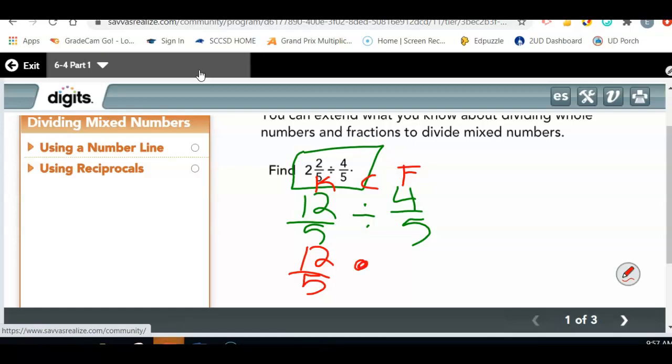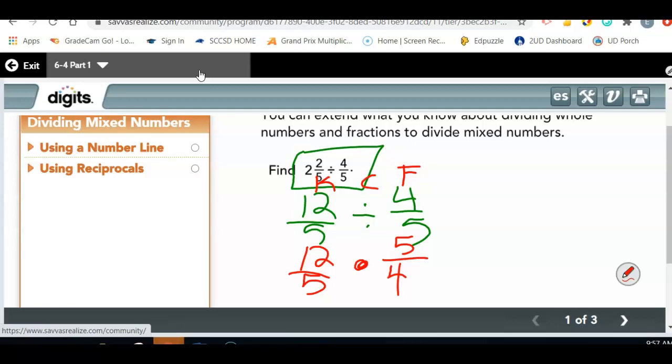Okay, and flip. Flip 4/5 is what, Kendall? 5/4. Flipping it is also called the reciprocal. Does anyone notice anything in this problem that we could do before we multiply?